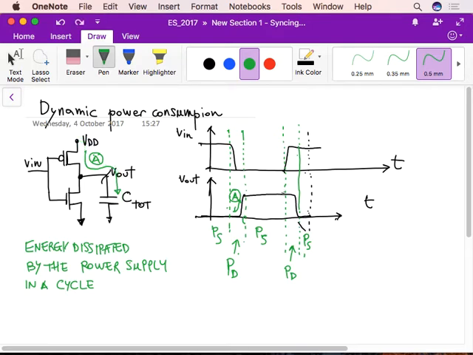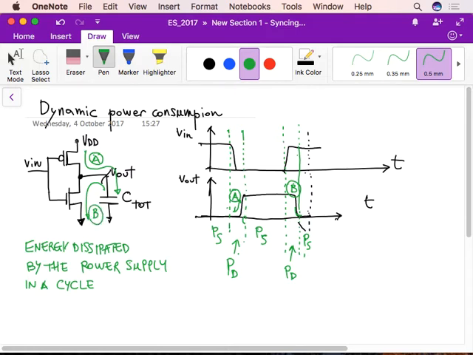Then everything stops, and then we have the B phase, and during the B phase the output voltage goes down. Of course, in order to have the output voltage go down, the Nmos has to be on and the Pmos has to be off. So during the B phase, current goes in this direction.